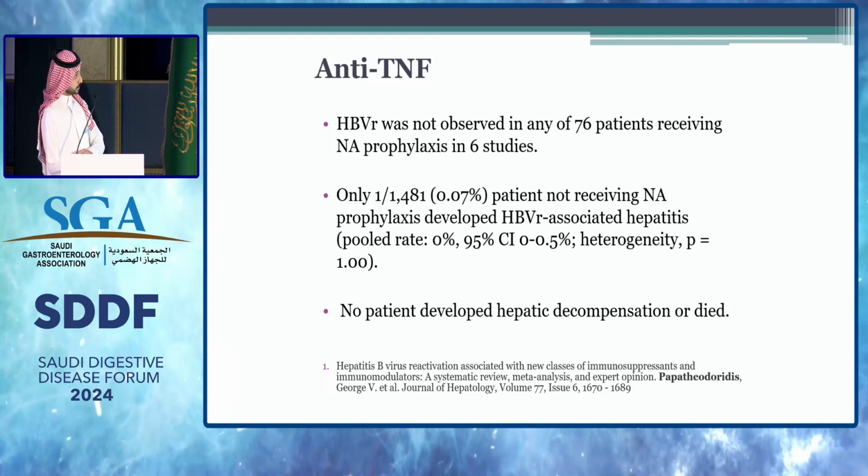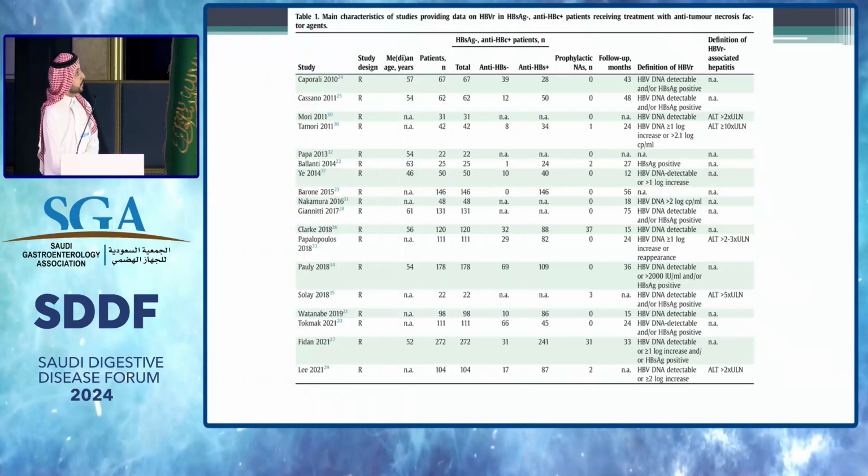Reactivation was not observed in any of the 76 patients receiving prophylaxis. Only 1 out of 1,481 not receiving prophylaxis developed reactivation. And none of these patients in all of these studies developed hepatic decompensation or died. So that's just a summary of the studies they included when they look at anti-TNF.